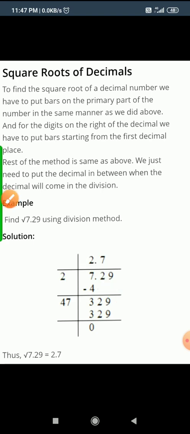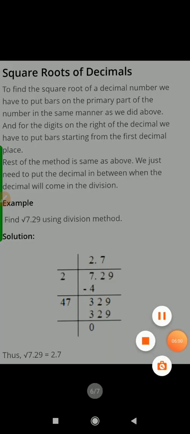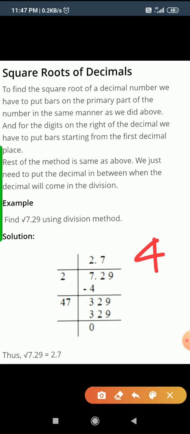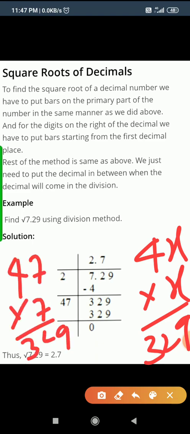Then double the divisor 2 and you will get 4. After that you have to think of a number so that 4x into x will be 329 or less than 329. What you will observe here is that 47 into 7 is equal to 329. So the remainder becomes 0, and the square root of 7.29 will be this quotient, 2.7.